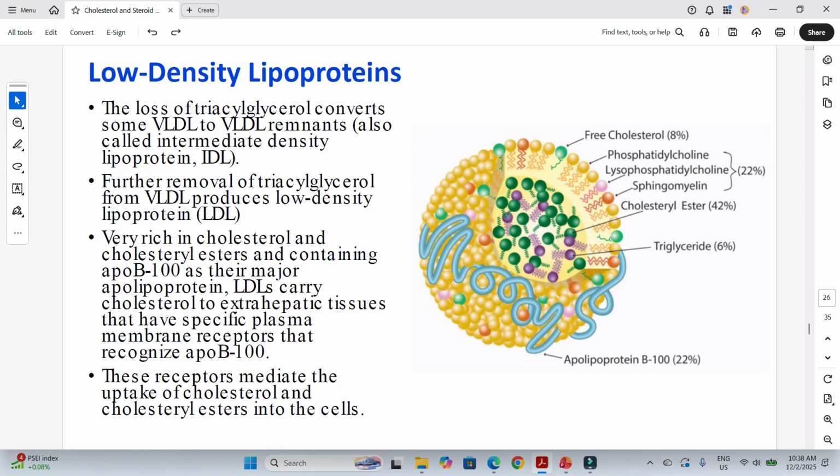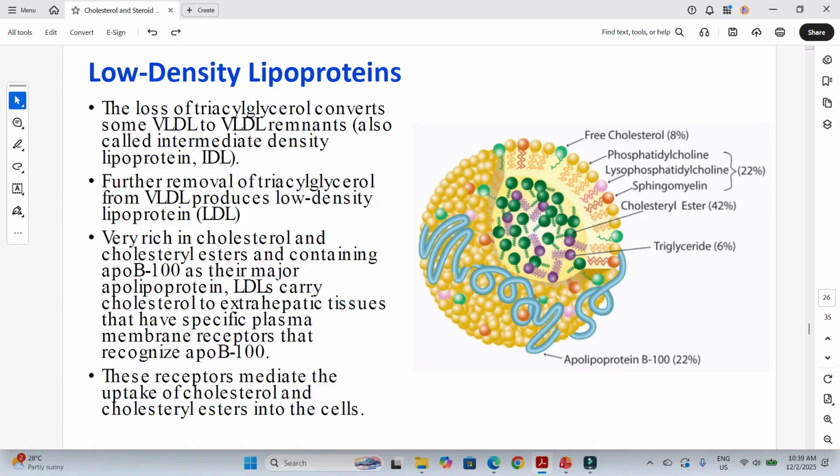All right, these are very rich in cholesterol and cholesterol esters, right? Because typically what is unloaded to the muscles and to the tissues are just the triacylglycerols, right? Of course, some cholesterols and cholesterol esters are lost, but it's not as much as the amount of triacylglycerols or triglycerides that have been unloaded to adipose tissues and other peripheral tissues.